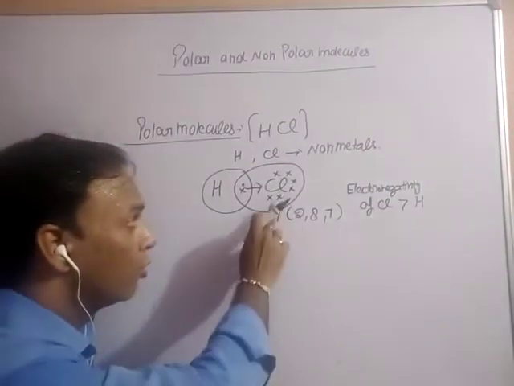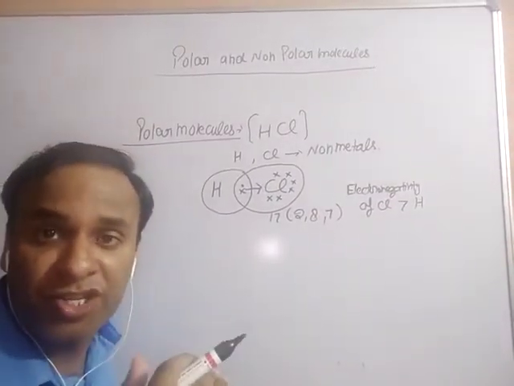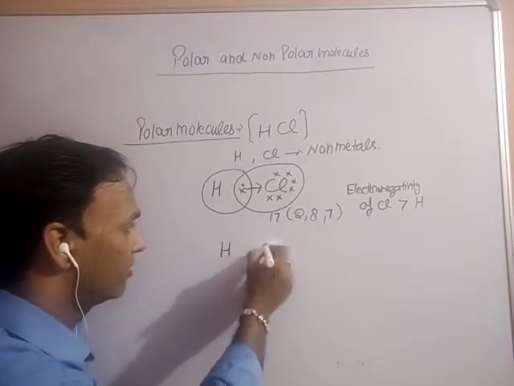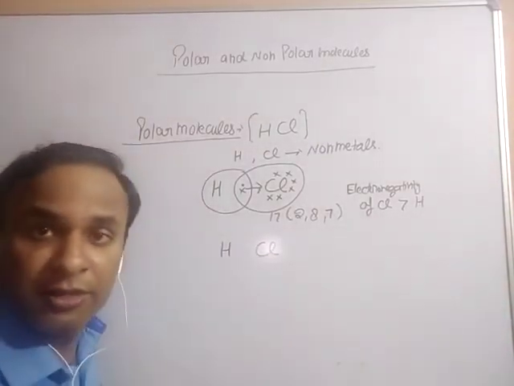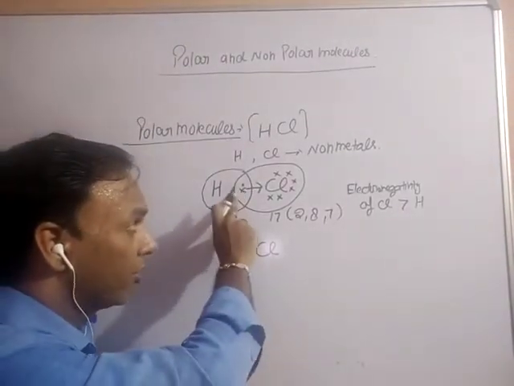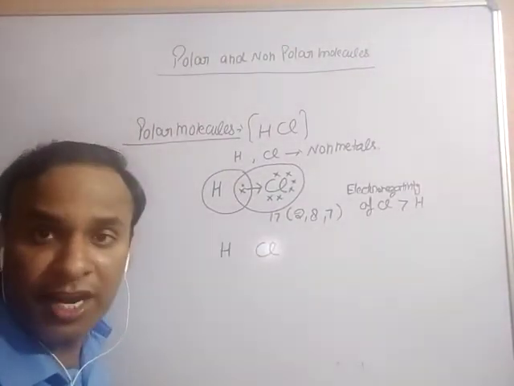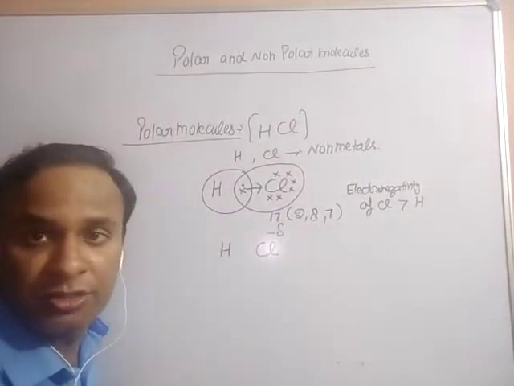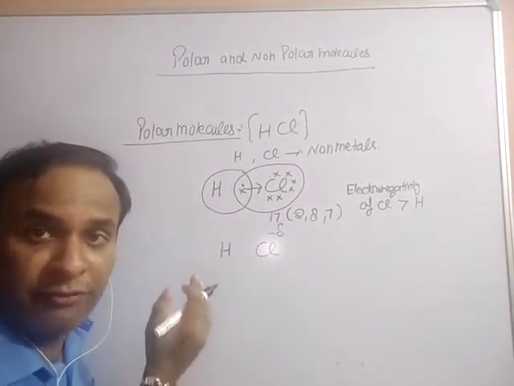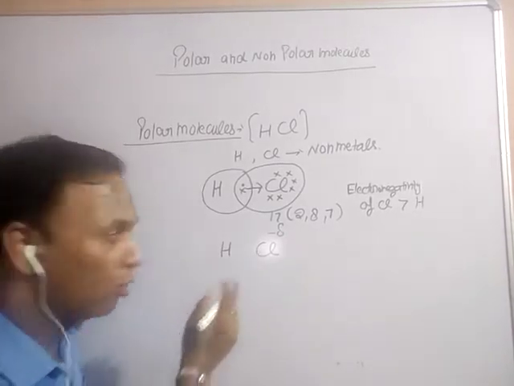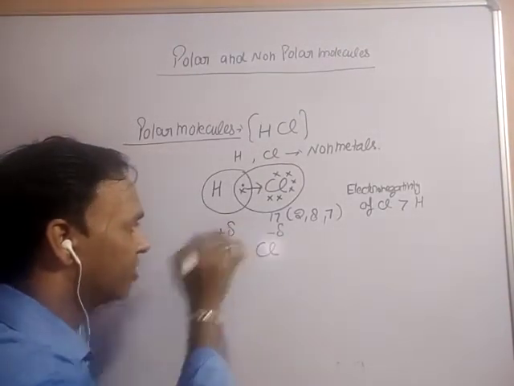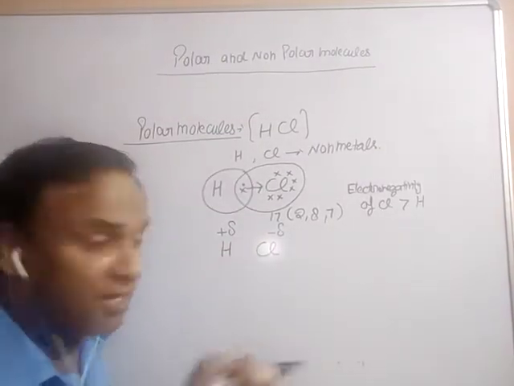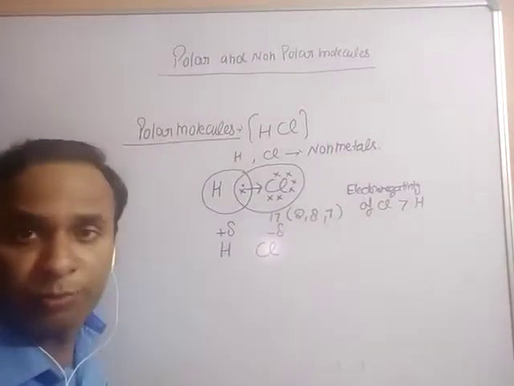That's why the chlorine atom acquires a partial negative charge. This is a hydrogen and this is a chlorine. On the opposite side, hydrogen acquires a partial positive charge. Clear? This is the sign of partial, partial negative and partial positive.